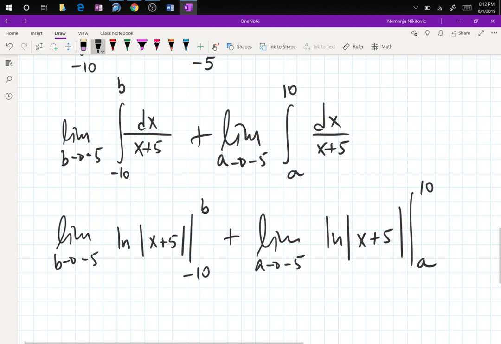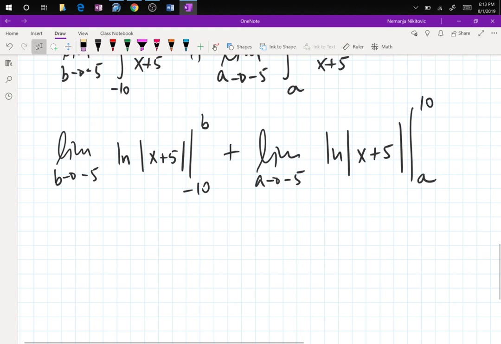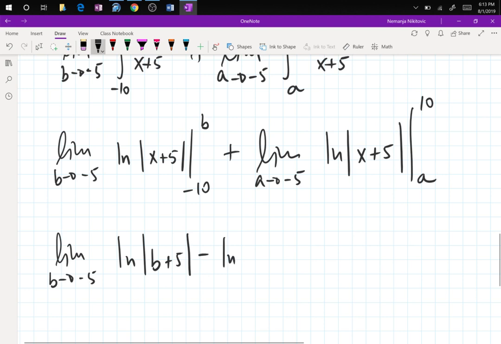It diverges. So, as soon as I have this, I have limit b goes to -5 of ln of b plus 5, minus ln of -10 plus 5, which is -5, so just ln 5, plus the limit a goes to -5 of ln 15 minus ln of a plus 5.